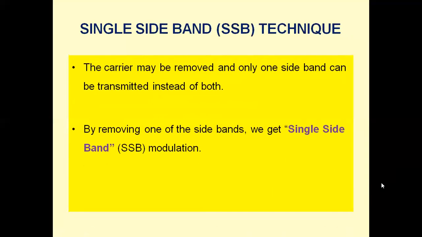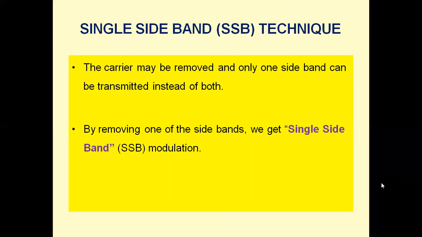So what is the SSB modulation? It is nothing but the carrier is removed, and one sideband is removed. Instead of transmitting two sidebands, as in the case of DSBSC, we are transmitting only one sideband instead of both the sidebands.